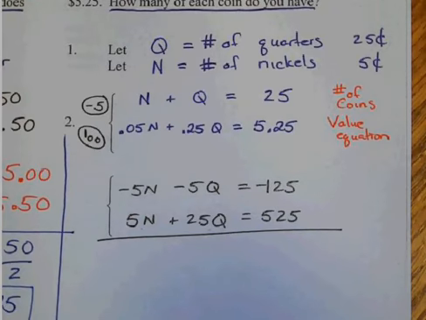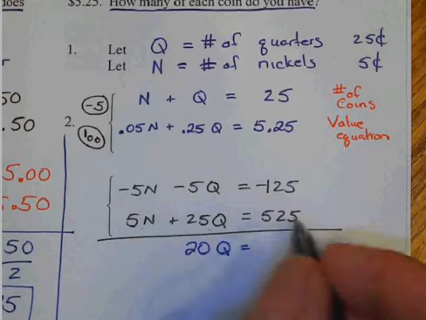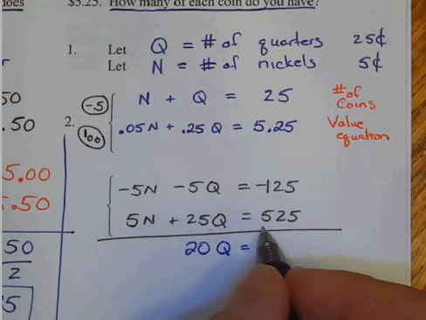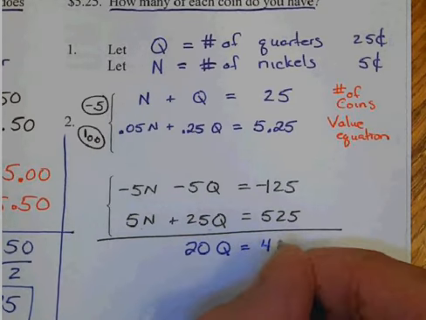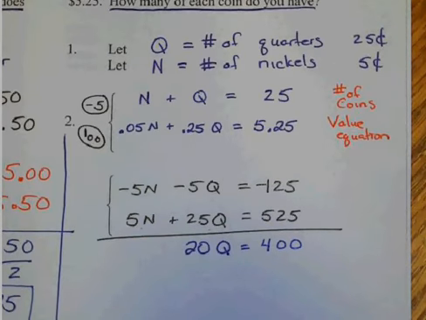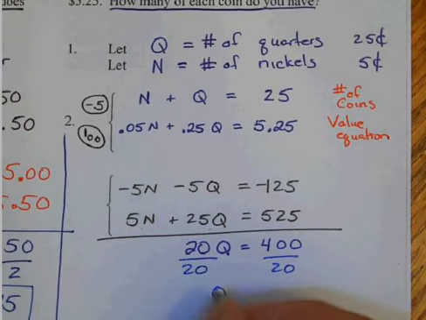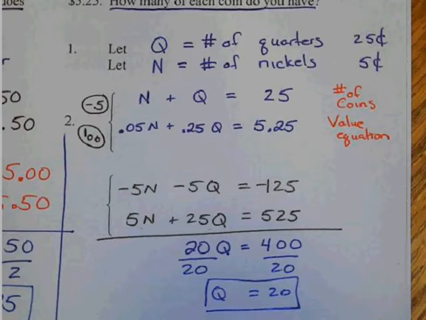We add these up vertically, which gives us 20Q. Negative 125 plus 525 is 400. To solve this equation, we divide both sides by 20. And 400 divided by 20 is 20. So we have 20 quarters.